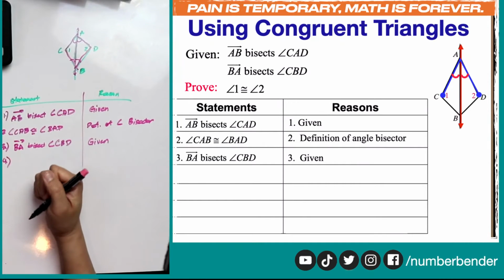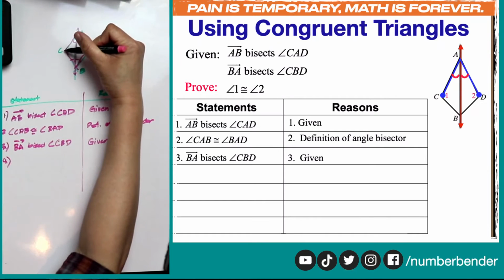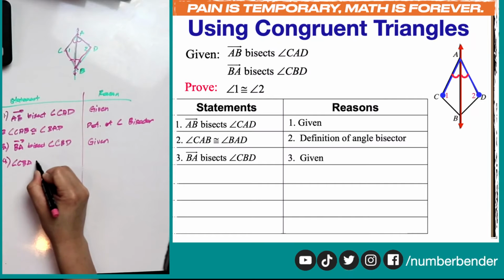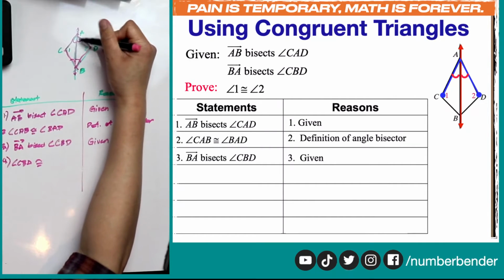So let's add that in our statement, and we are going to name this angle CBA is congruent to angle ABD.